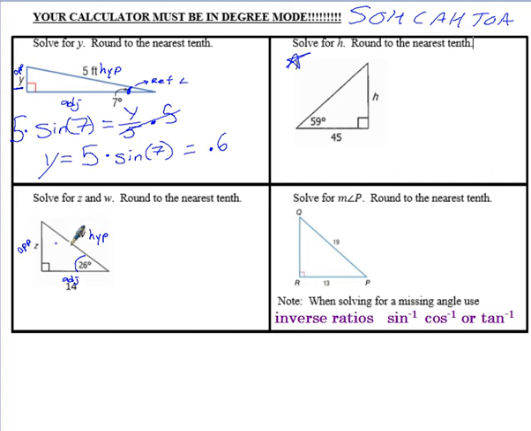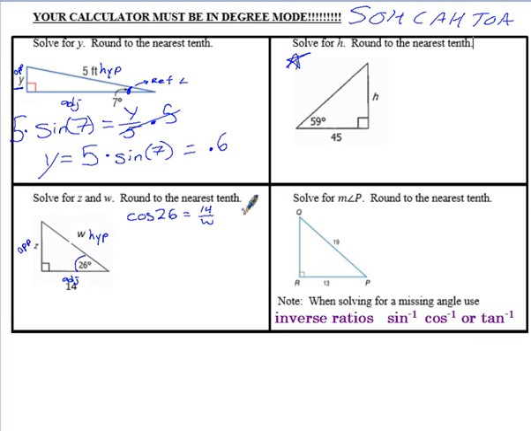So now I have to solve for both variables. It really doesn't matter what I start with, so let's just solve for W first, the hypotenuse. Here we have that 14 is the adjacent, so which trig function uses adjacent and hypotenuse? That's cosine. So cosine of 26 is equal to adjacent divided by hypotenuse.